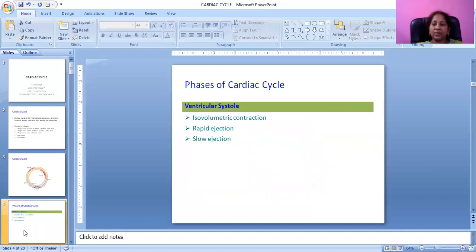What is the first phase of the cardiac cycle? Ventricular systole is the first one. In this, there is isovolumetric contraction, rapid ejection and slow ejection.